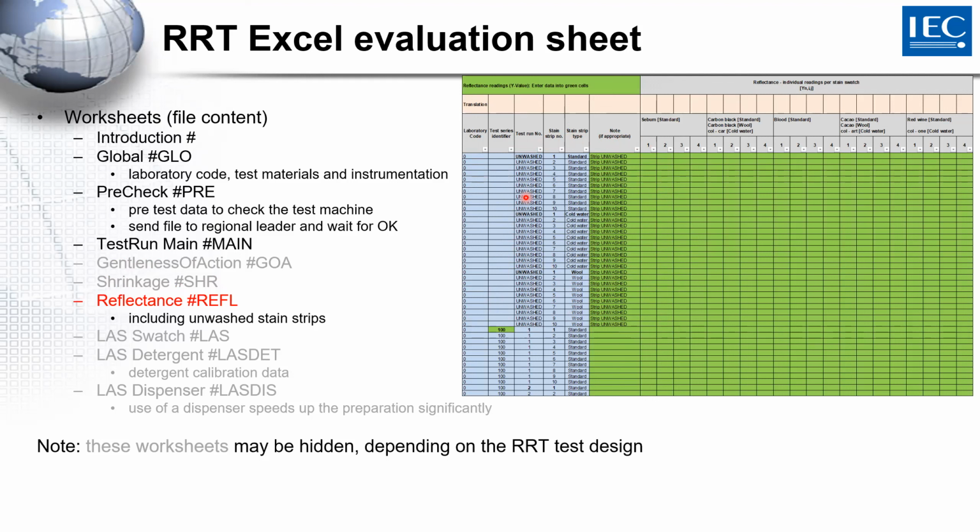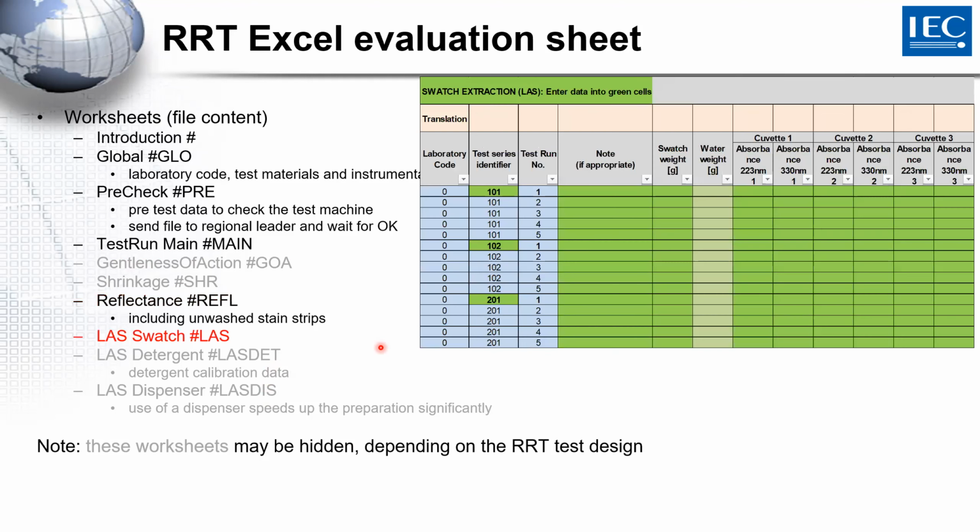Don't take one package and measure all the 10. Better take 10 packages and take out one strip from every package, and you get here an averaged overview, or result, of the unwashed stain strips.